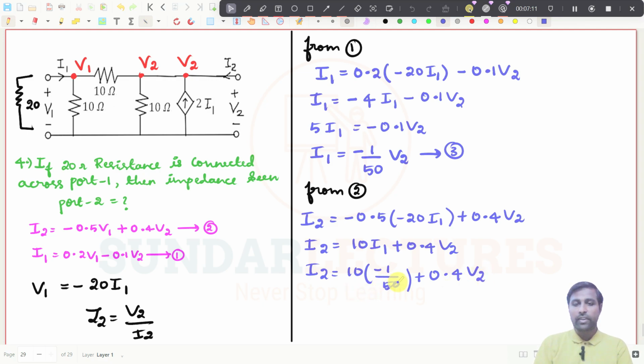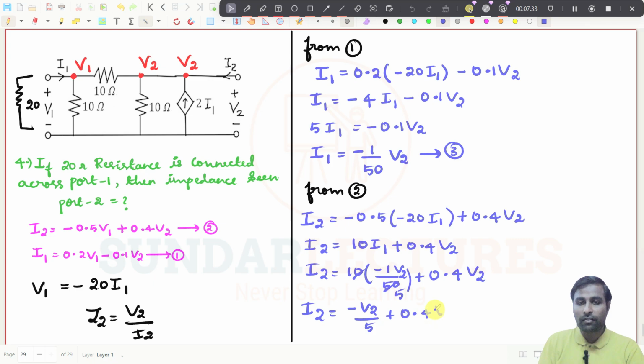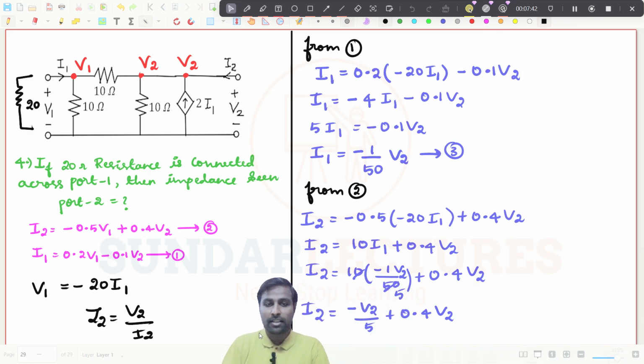And if you further simplify this, so I2 will be equal to minus 1 by 5 V2, it is V2, right? So it will be minus V2 by 5 and then plus 0.4 V2, right? This is the value now.